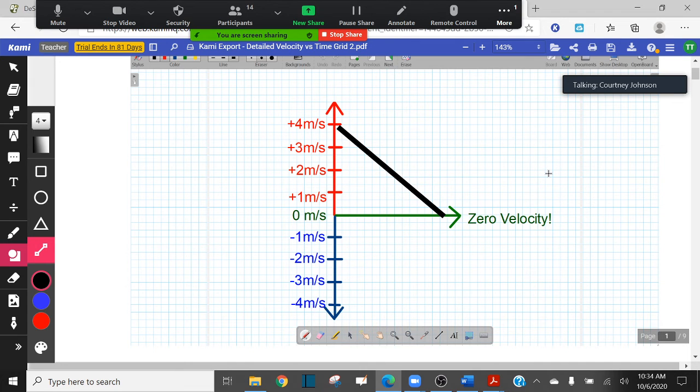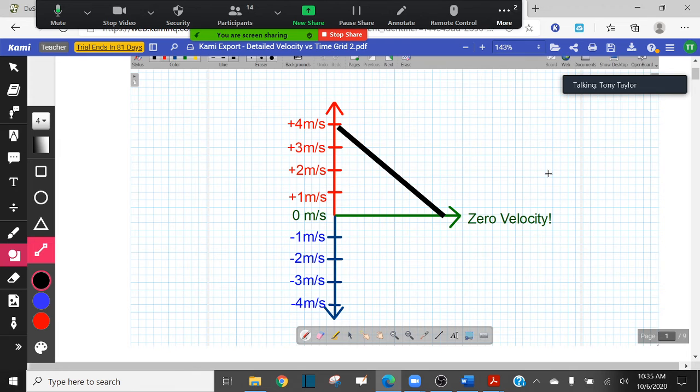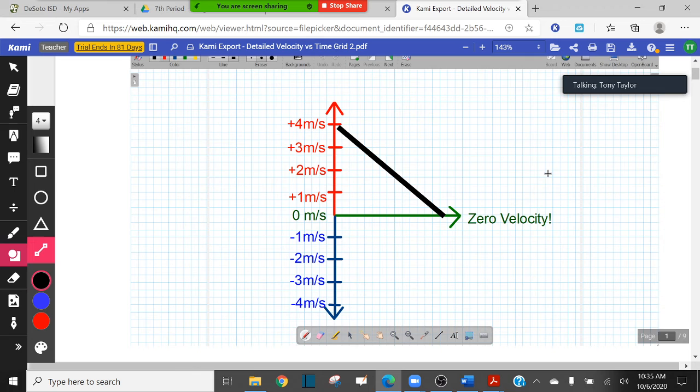Negative. No, you're thinking of position versus time graphs. If this was a position versus time graph, that would be an object moving in the negative direction. However, this is a velocity versus time graph. In fact, this object is moving in the positive direction. Here's how I know: because I drew my line on the top half.